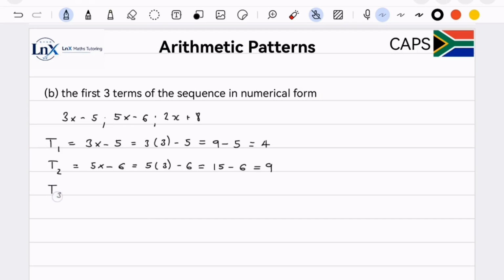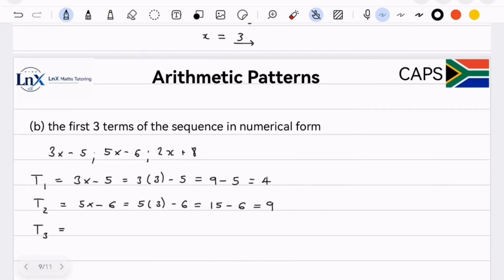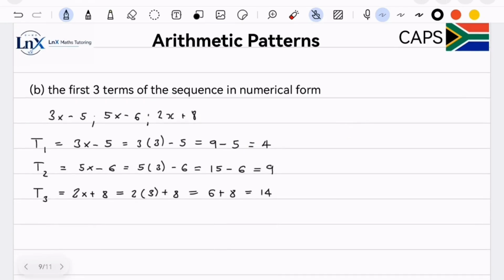Then our third term is 2x plus 8, which is going to be 2 multiplied by 3 plus 8. So that is going to be 6 plus 8, which is going to give us 14. So the first term is 4, second term is 9, third term is 14. So you basically have 4, 9, 14, and so on.